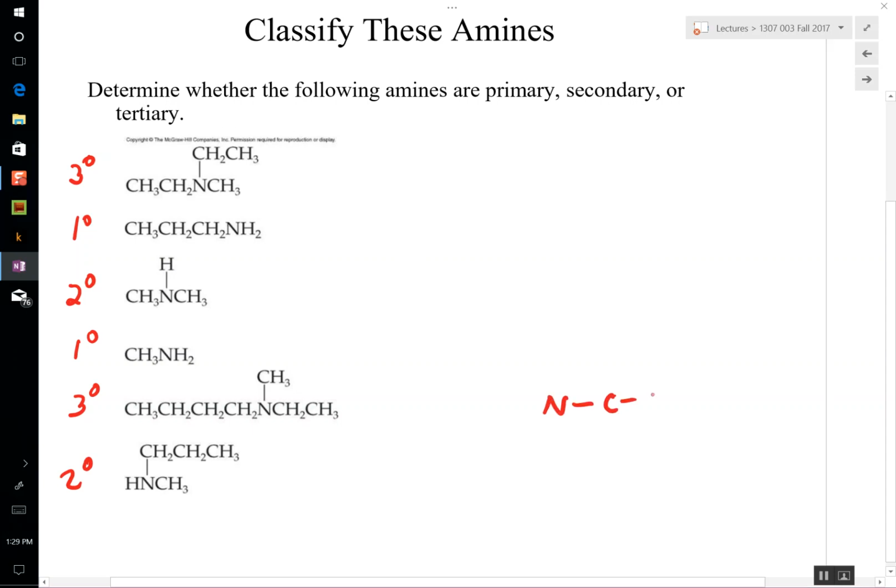You've got an ethyl group over here. That's this. You've got a methyl group up there. And you've got a 4-carbon chain right here. No hydrogen. There's your 3 things around it. So that's tertiary. That make sense? Okay.